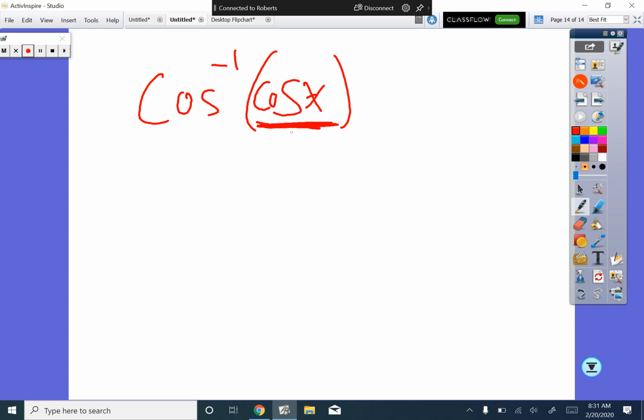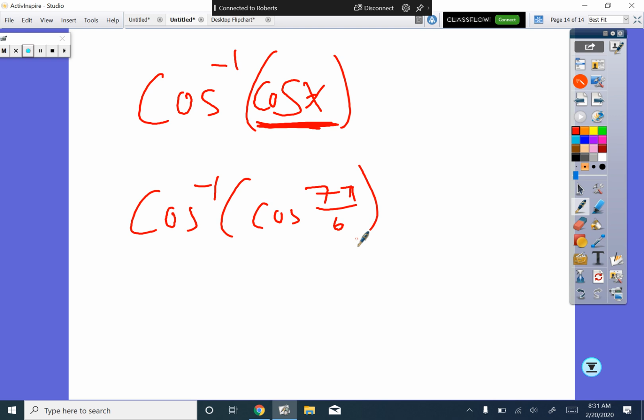Let's put it in context. How about this? Inverse cosine of cosine of 7 pi 6. So let's just ignore the inverse cosine on the outside. What is cosine of 7 pi 6? It's the unit circle again, right?